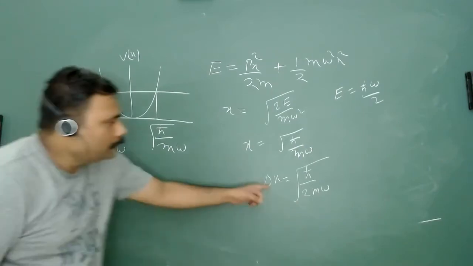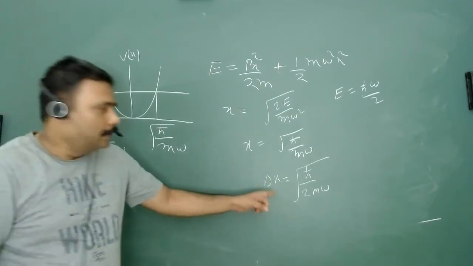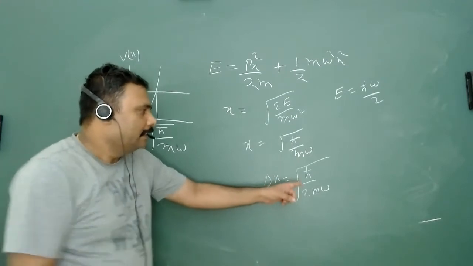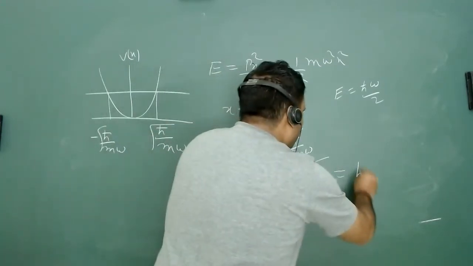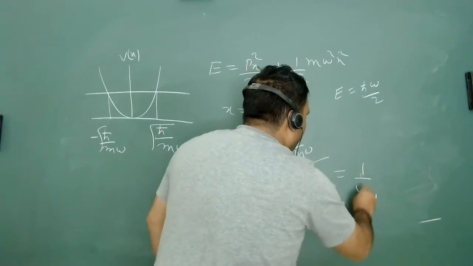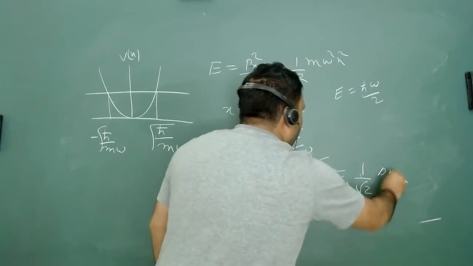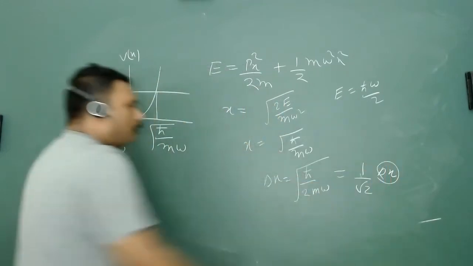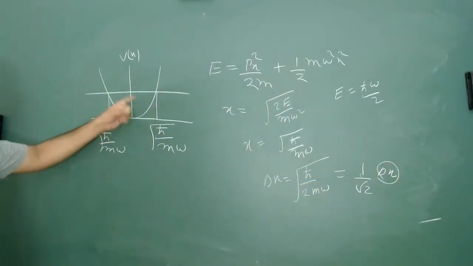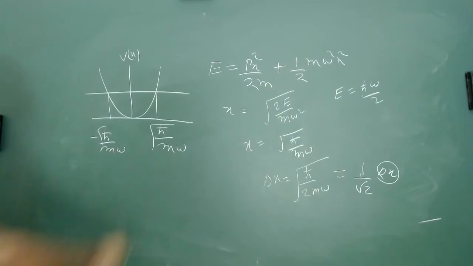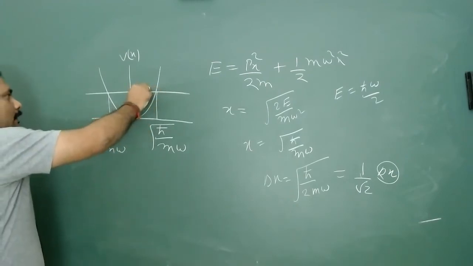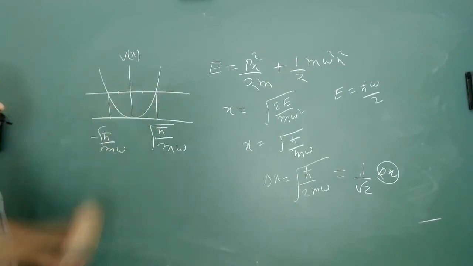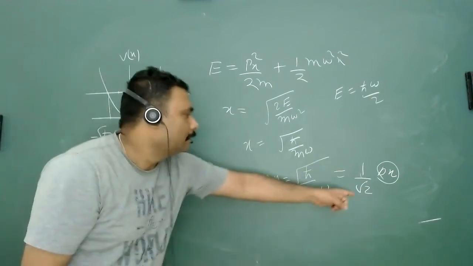And for this particular value of delta x, if you calculate, this will be 1 upon root 2 times delta x. The particular value of delta x will be inside this well, and this is nothing but delta x upon root 2.